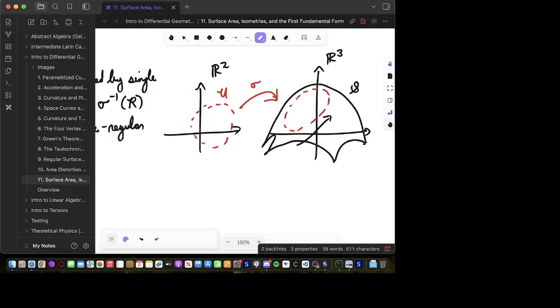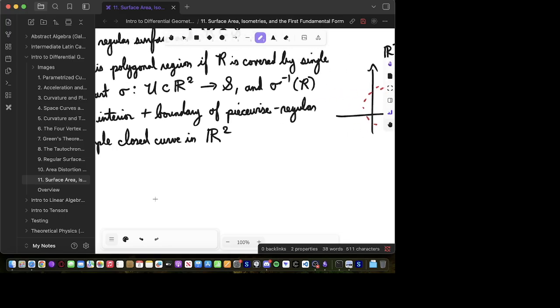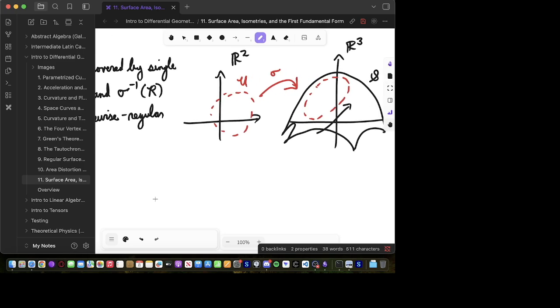Let's think about what a polygonal region might look like if we go backwards. Let's say we have a piecewise regular simple closed curve in R2. So maybe something like this. And this is the interior plus boundary of it.